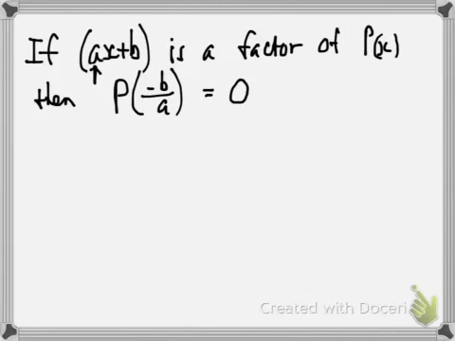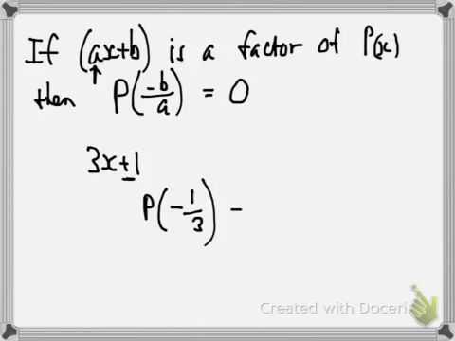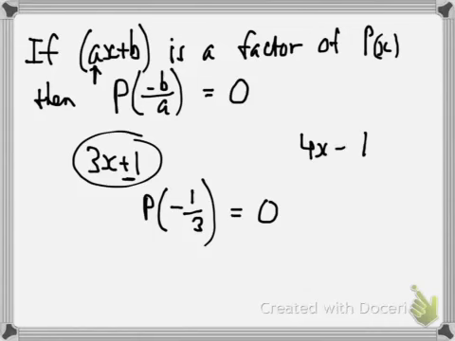So as a concrete example, if you're looking at whether 3x plus 1 is a factor of p of x, it would be a factor if p of negative 1 on 3 was 0, then 3x plus 1 is a factor. If you were dividing in 4x minus 7, then you would be looking at whether p of 7 on 4 was 0, then 4x minus 7 would be a factor. So it's opposite sign, or opposite sign over coefficient of x, that you're putting in.